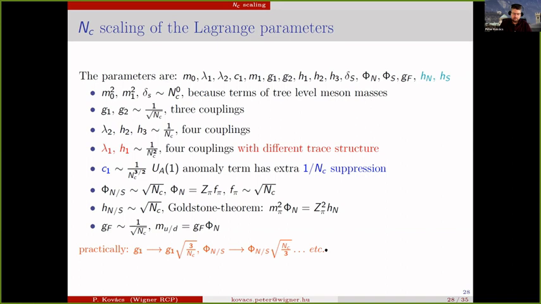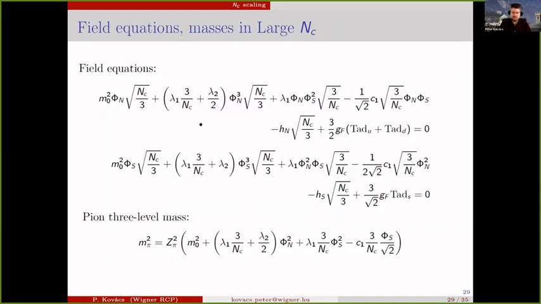We put this into our equations, so the field equations and the meson masses have some explicit Nc dependence, and we can see what happens if we increase Nc.